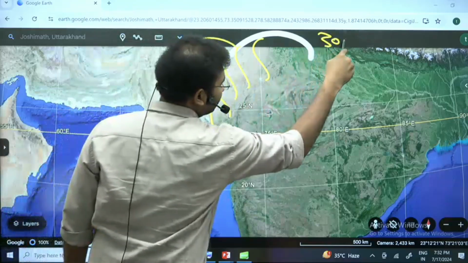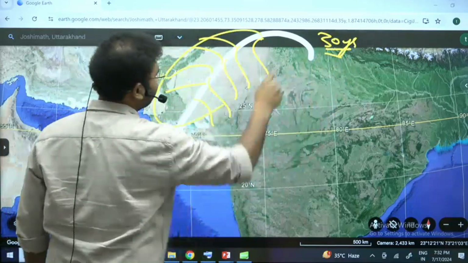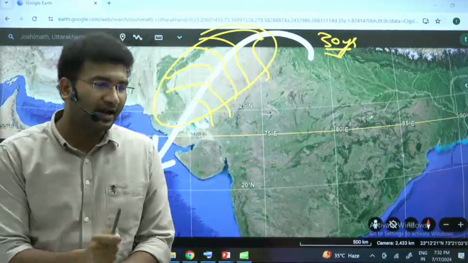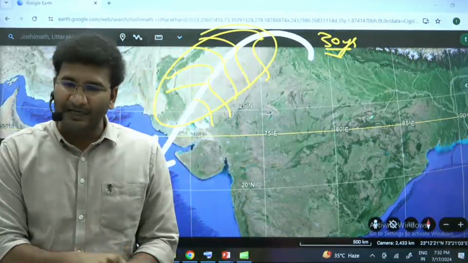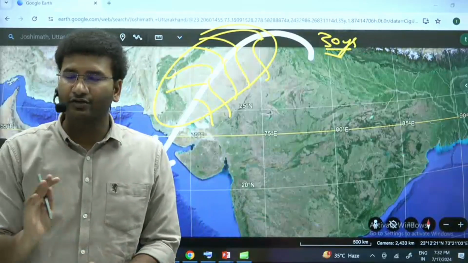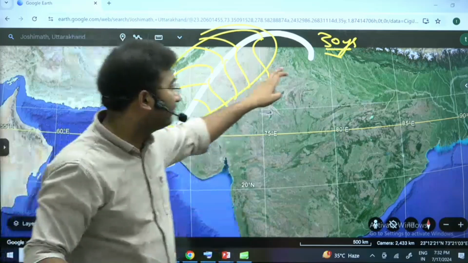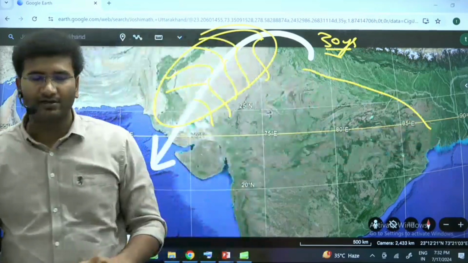Within 30 years in your lifetime, you will see a forest here. These are one of the finest lands which are there in India. Abhi desert hai, deserts ko 30 to 40 years you irrigate, they will become the finest lands or even better lands than the alluvial soils.